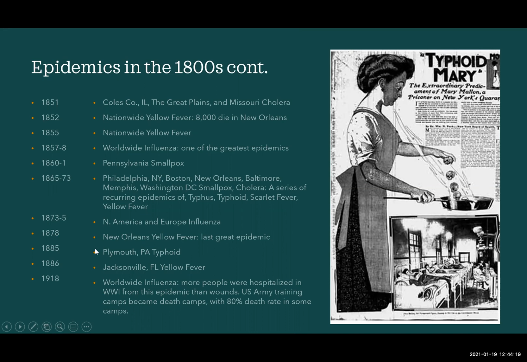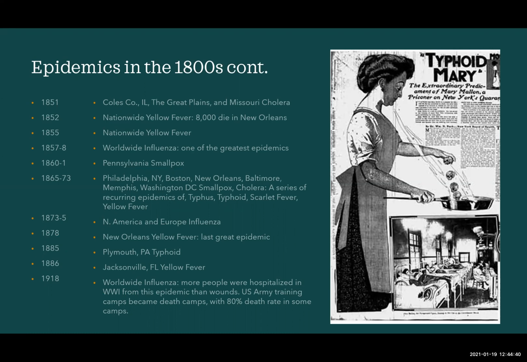And this is where we had Typhoid Mary, of course. So Mary was a cook in high socioeconomic status homes, and she did not know she was a carrier of typhoid.